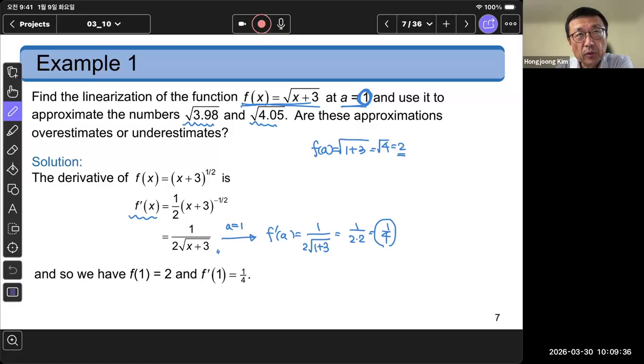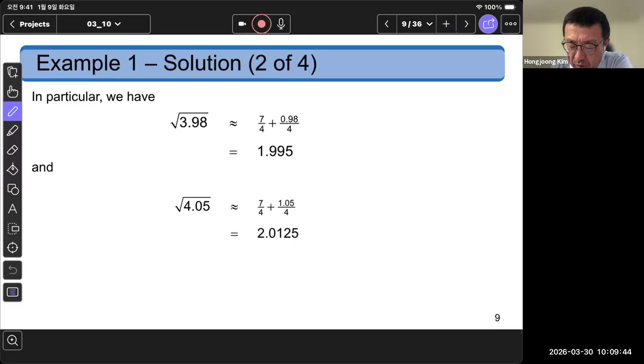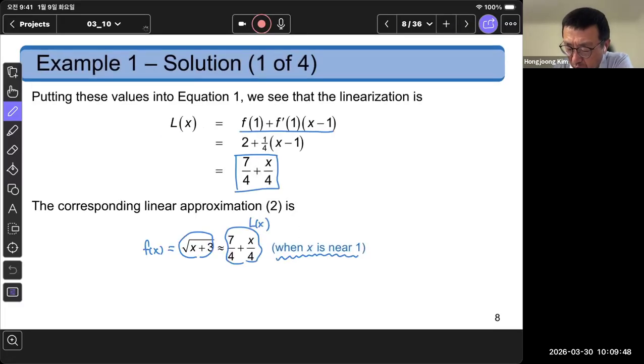So 3.98 is the square root of 0.98 plus 3.